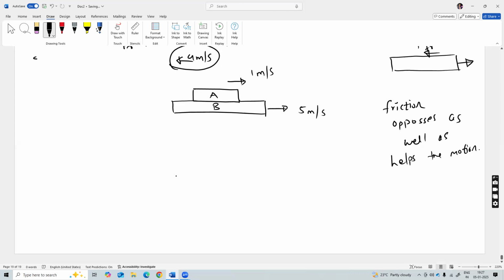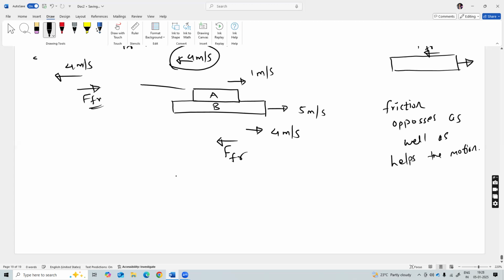So here, if you consider relative motion between B and A, B was moving at 4 meter per second towards the right relative to A. Therefore, friction was acting in the opposite direction on B. Whereas A is moving at 4 meter per second towards the left relative to B, and therefore friction was acting opposite to the relative motion.